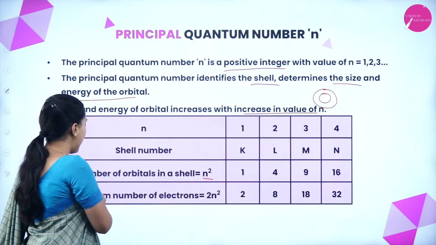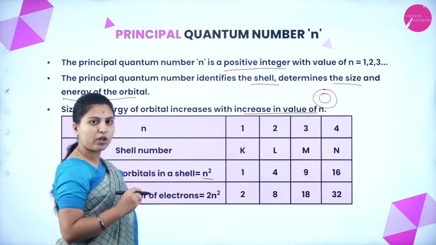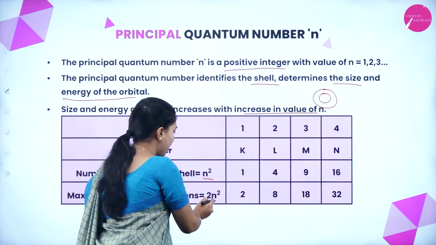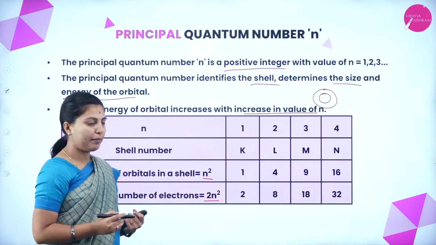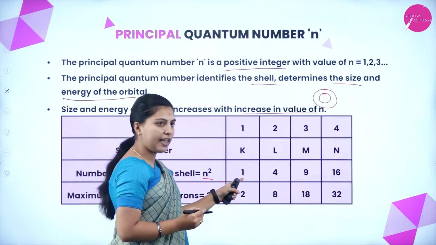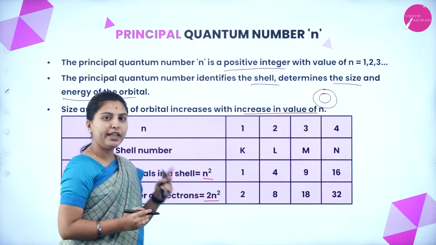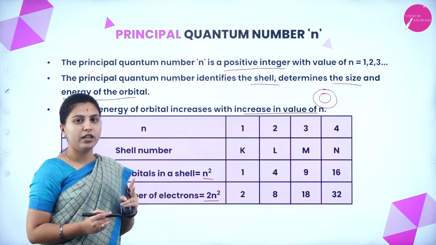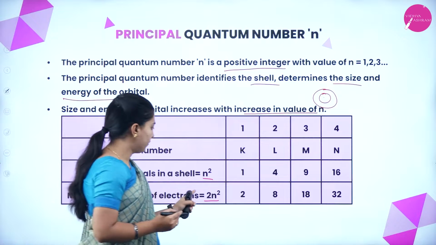Then the maximum number of electrons that can be accommodated with that orbital can be calculated by 2n squared, meaning whatever n squared we have taken will be multiplied by 2. Each orbital can contain 2 electrons.